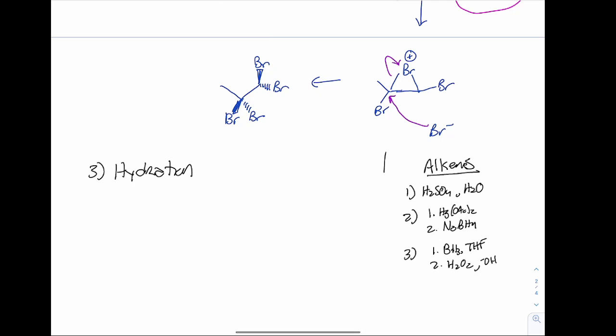And I want to have them there because when we look at our alkynes, we're going to have 2 methods, and it can be kind of confusing because we're going to essentially take the material from our number 1 and number 2 for alkenes and kind of combine them. So instead of using sulfuric acid and water in one reaction and then mercury acetate in another reaction, we're actually going to use sulfuric acid and mercury sulfate.